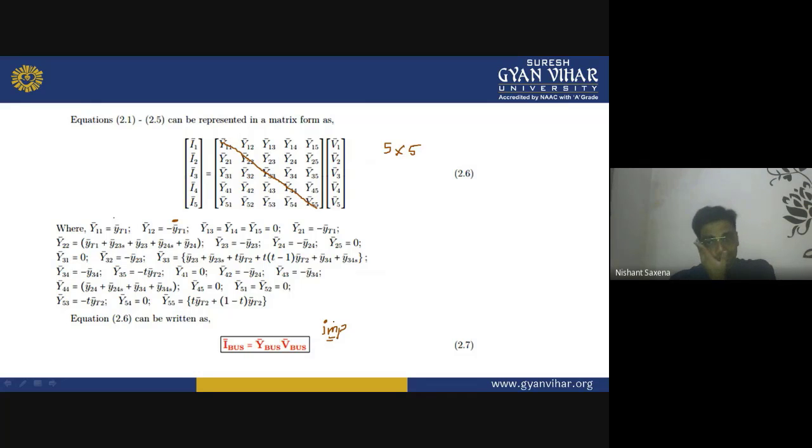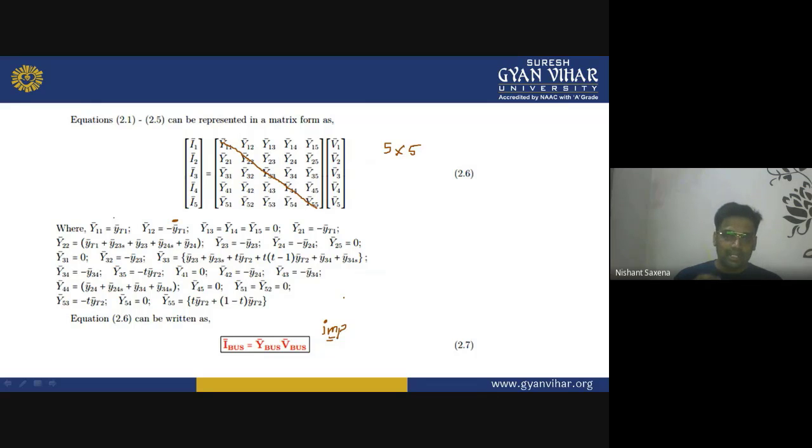Okay, so what we have done, we have injected the current at each of the buses. We have applied KCL and KVL, completed the equations for each bus and transformed them into a matrix form.